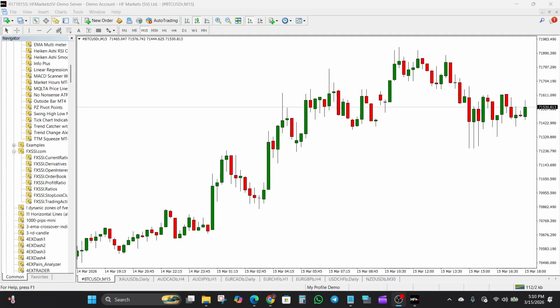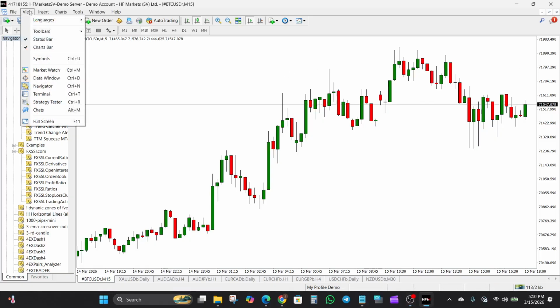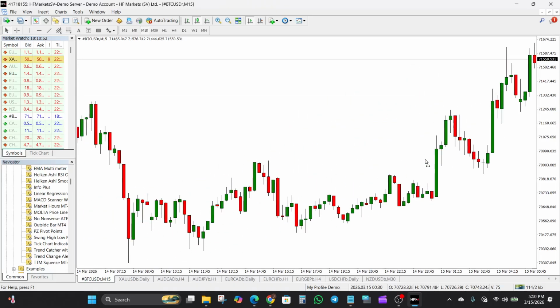Price ladder trading refers to a method of analyzing market activity using a vertical list of price levels, often called the price ladder or depth of market ladder. This interface shows how buy and sell orders are distributed across different price levels in real time.